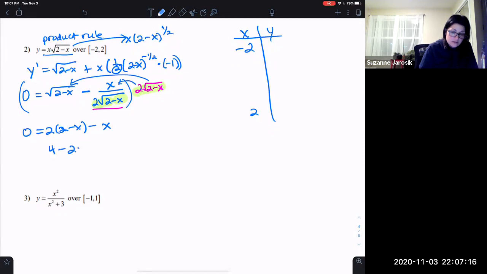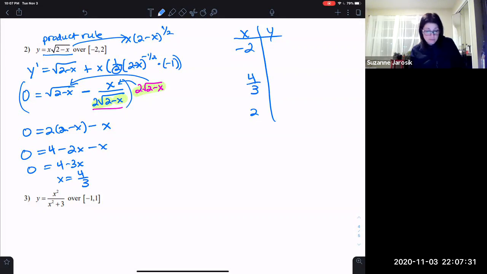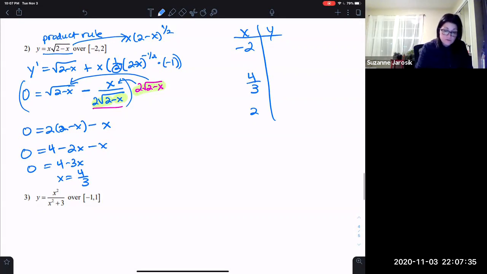So 4 minus 2x minus x, 4 minus 3x. So x is equal to what? 4/3. I'm pausing now, so I try not to make as many errors. I apologize for that. Okay, critical point, 4/3.